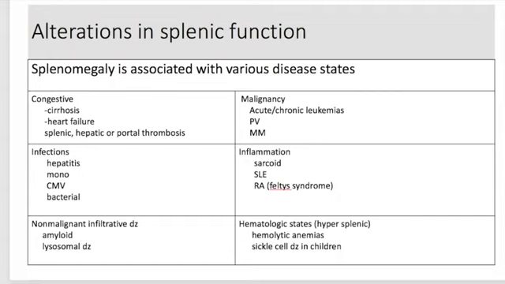Inflammation, such as sarcoid or lupus. Hematologic states, basically hypersplenic, such as hemolytic anemia or sickle cell in children. Non-malignant infiltrative diseases, amyloid and lysosomal disease, and then infections such as mono and CMV.